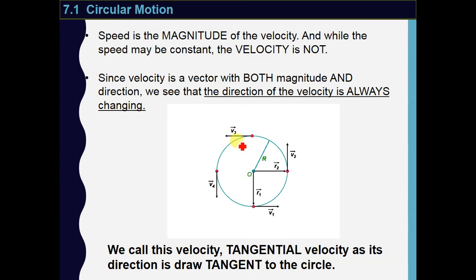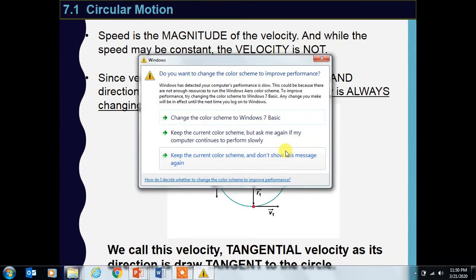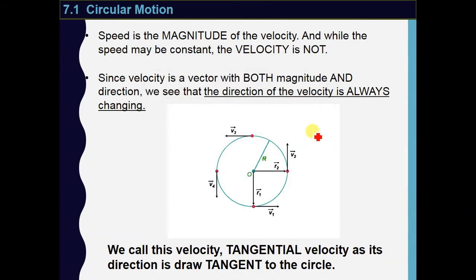See how the direction of the velocity changes here. So since the direction changes, is the velocity constant? No, because velocity is speed and direction. Even though the speed is constant, if the direction changes, what happens to the velocity? The velocity changes. This is from the first chapter you took this year.